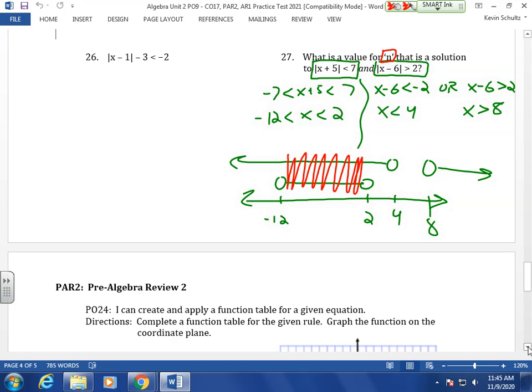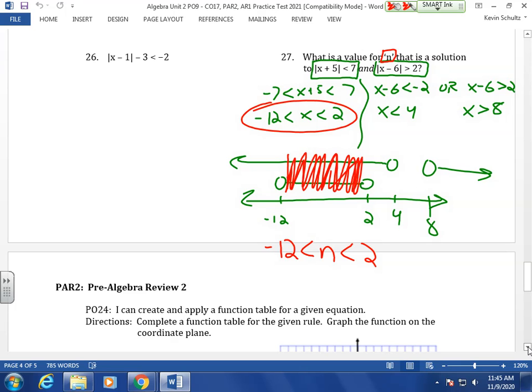And since anything within this range, which also happens to be just the solution to the and statement by itself, will work in both inequalities, that's why I wrote that. n can be anything between negative 12 and positive 2. Does that make sense? Okay.